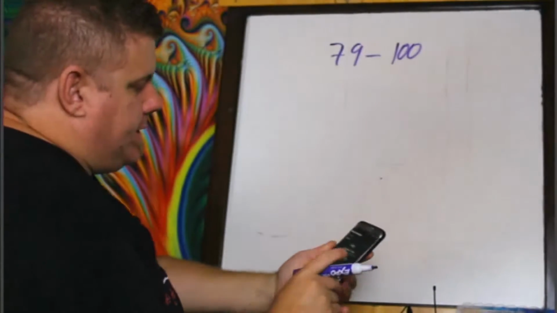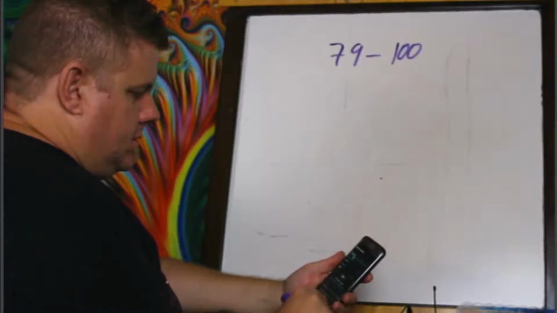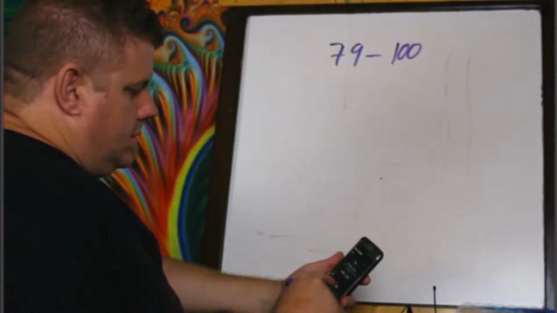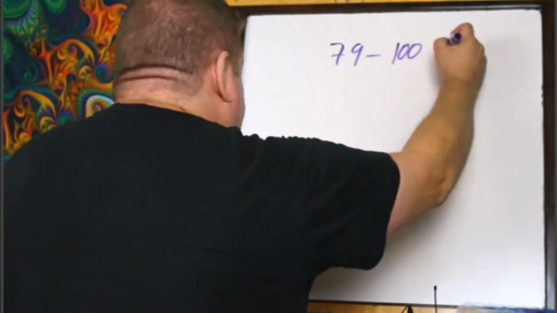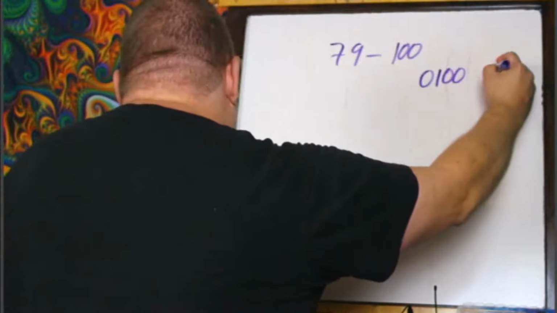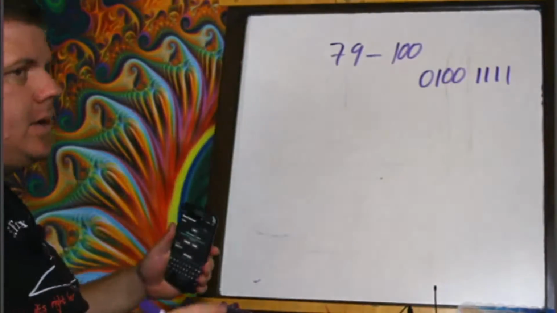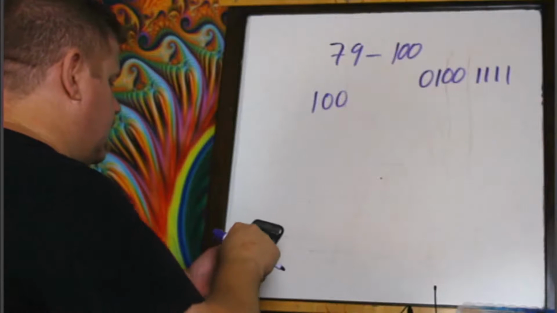So the first thing I'm going to do is convert 79, and I get, let's see, I'm going to need a leading zero here, so 0, 1, 0, 0, and then 1, 1, 1, 1. Okay, so that's 79. So now I want to take 100 and convert that to its binary equivalent.